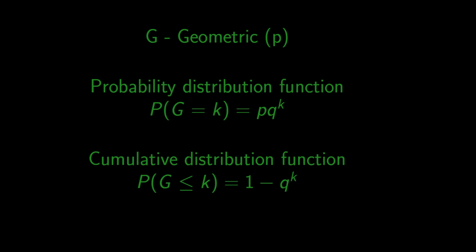Let's see if we see the same result in R. Let's generate a sample of n equal 10,000 observations from a geometric distribution with parameter p equal to 0.3.